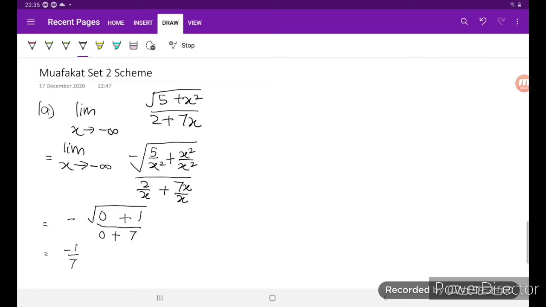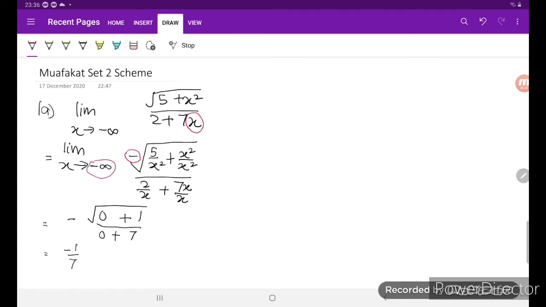Question 1a, limit when x approaches negative infinity for the given function. When x approaches negative infinity, we have to have a negative outside the surd, and then we divide every term with the highest power of the denominator, which is x.